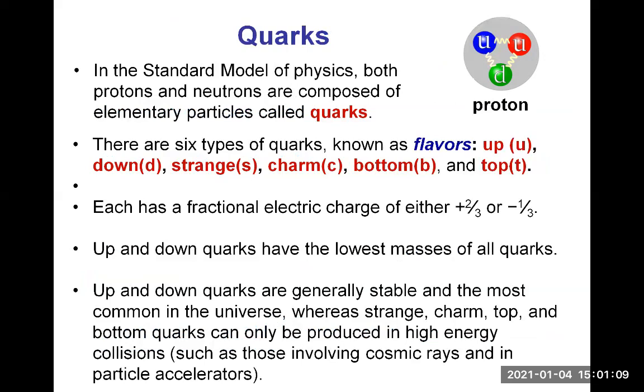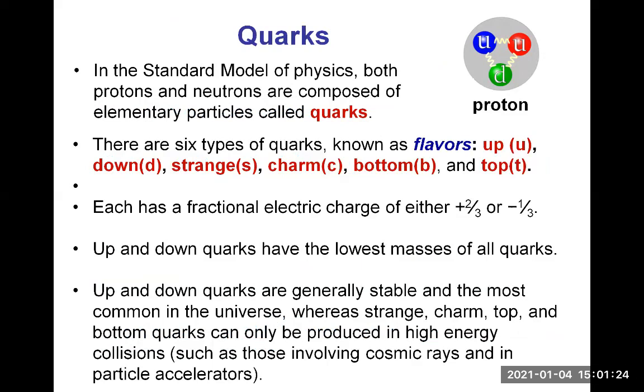Briefly here, quarks are what neutrons and protons are made of. And there are 6 types of quarks, and they are known as flavors: up, down, strange, charm, bottom, and top.